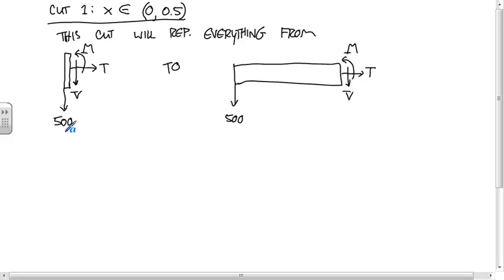So in this case, this is equal to 0.00001 meters, and in this case, that distance is 0.49999. Okay, so these are all of the things that we're dealing with.